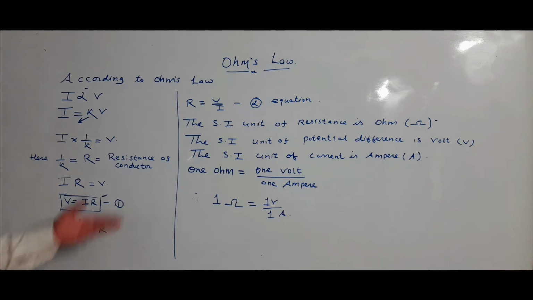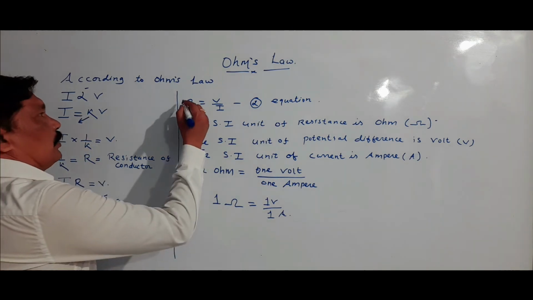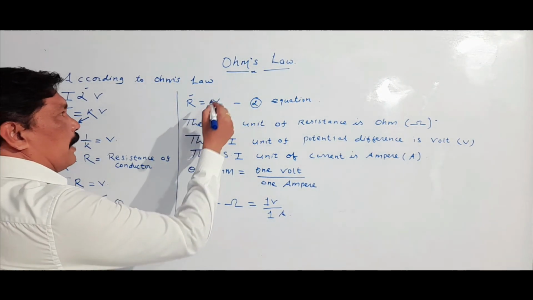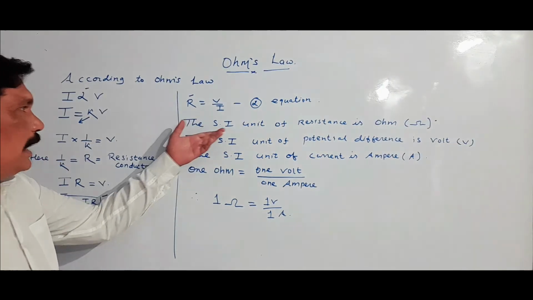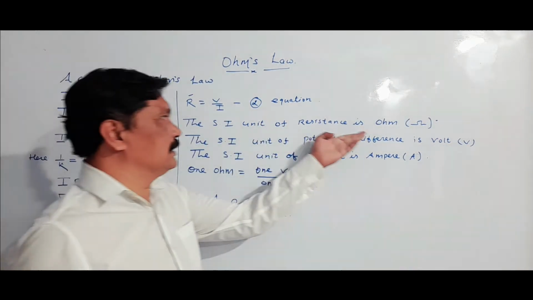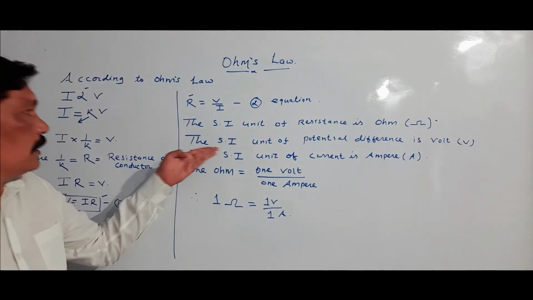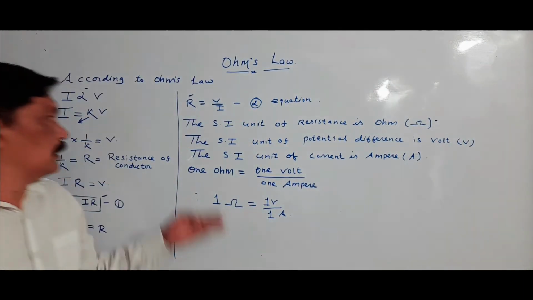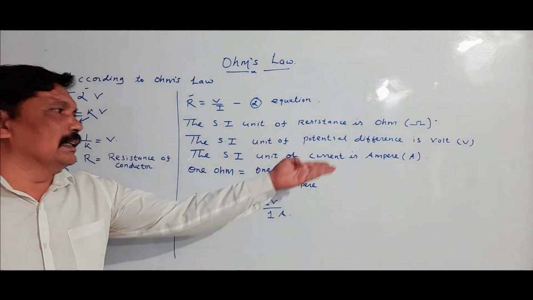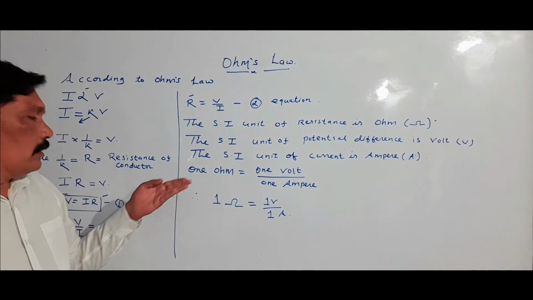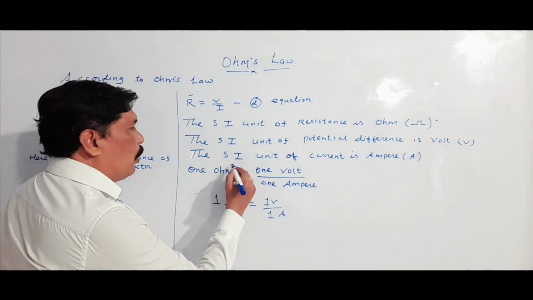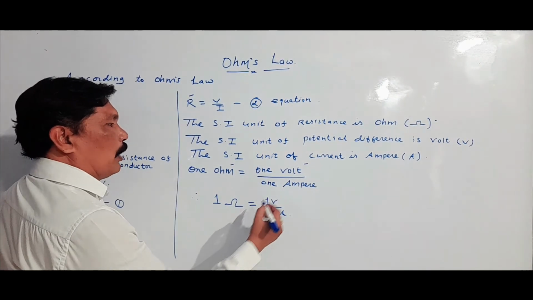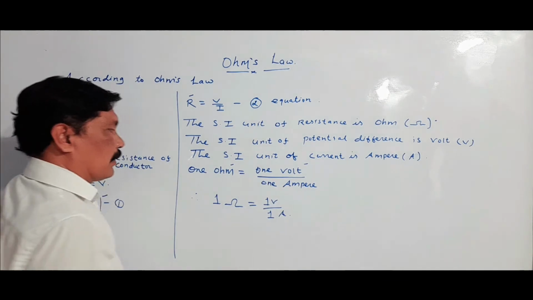From this expression, we can also find out R. R is equal to V by I. The SI unit of resistance is ohm. The SI unit of potential difference is volt. The SI unit of current is ampere. Therefore, we can write 1 ohm is equal to 1 volt upon 1 ampere.